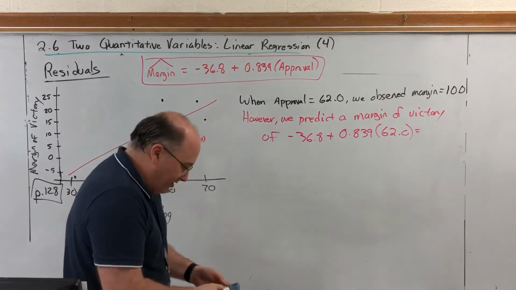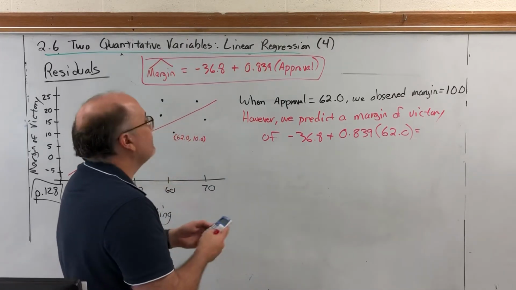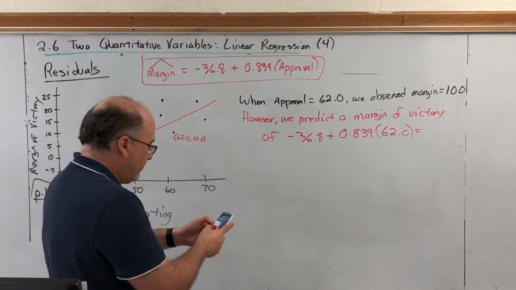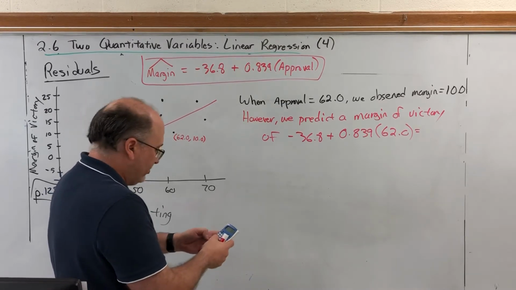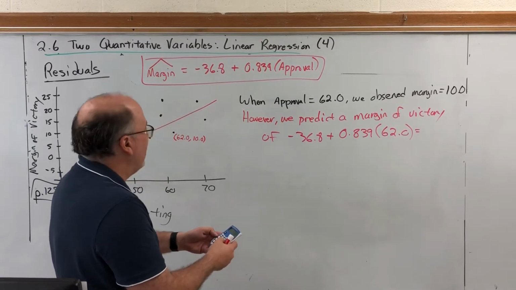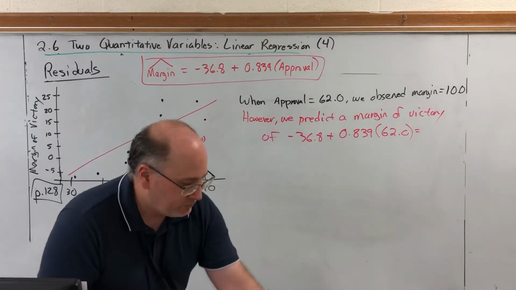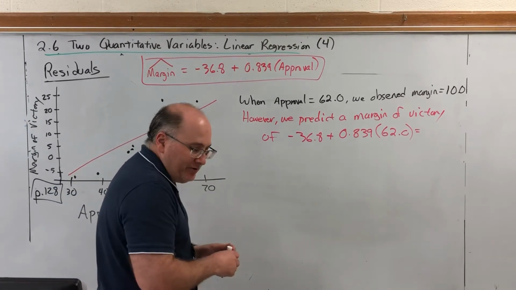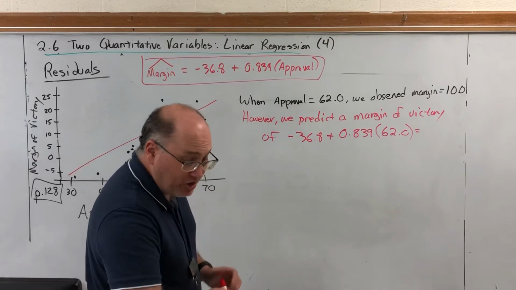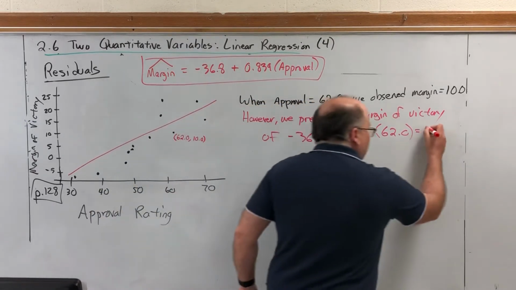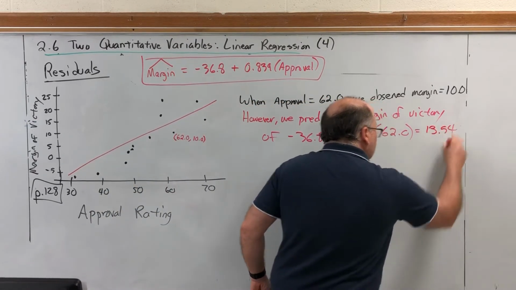Time to work out a calculator. All right, 0.839 times 62, and then we're going to subtract 36.8. The predicted margin of victory was 13.54.